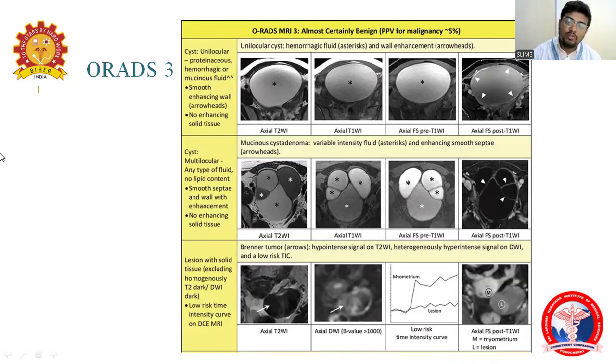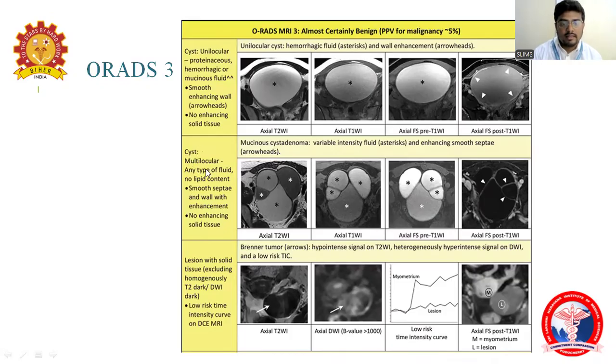First is a case of a unilocular cyst, which appears hyperintense in both T1 and T2. In the pre-contrast T1 FATSAT image the lesion also appears hyperintense, and in the post-contrast T1 weighted image, the lesion shows smooth wall enhancement. This is a case of a unilocular cyst with hemorrhagic content.